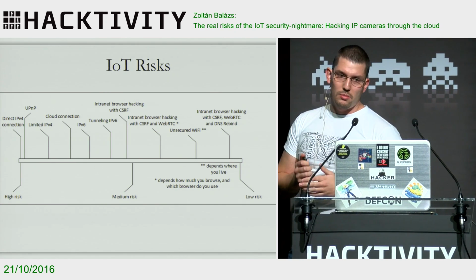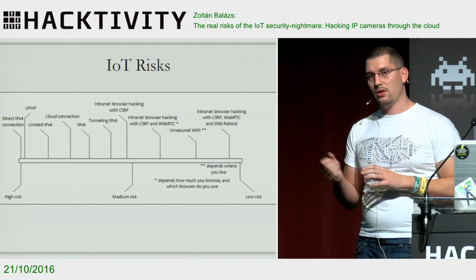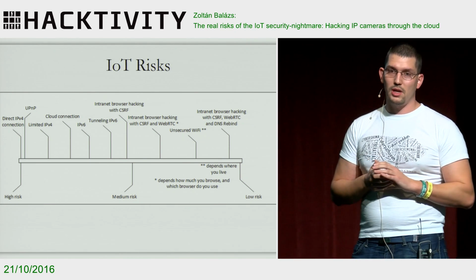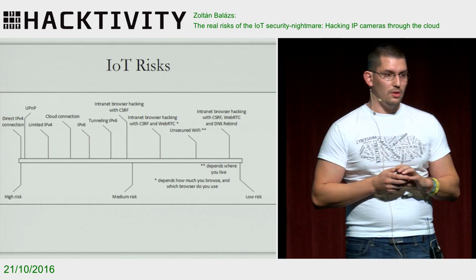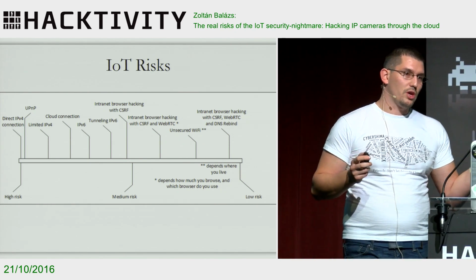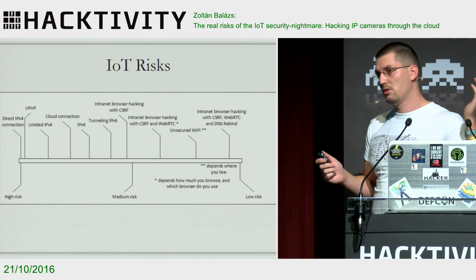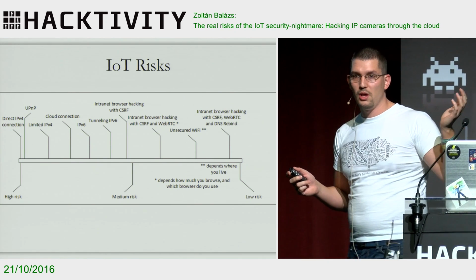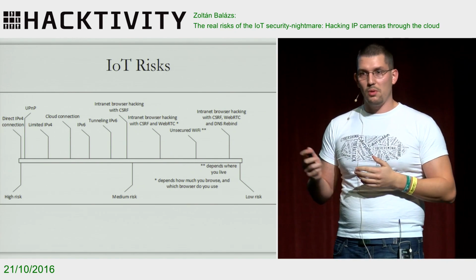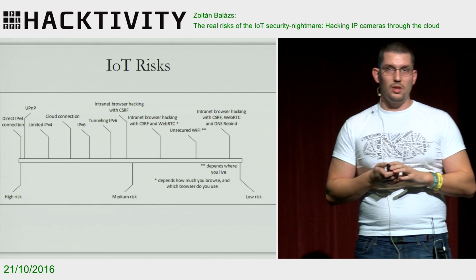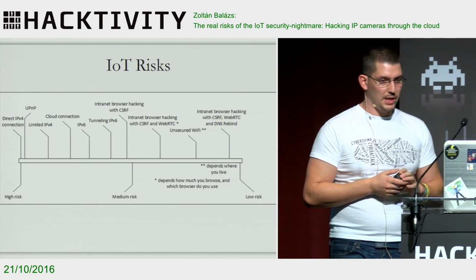I have talked about the different network connectivity risks, and there is a huge gap between whenever your vulnerable device is directly connected to the IPv4 internet, and whenever we talk about these very exotic and multi-step attacks.